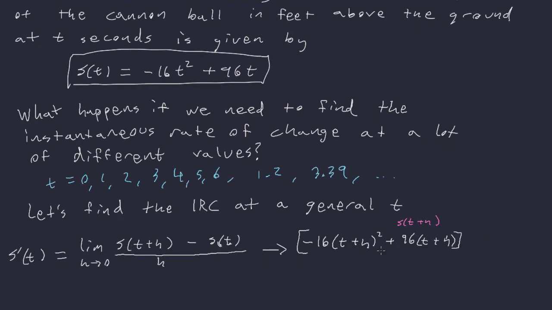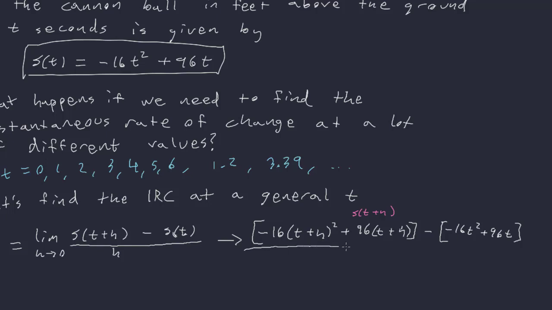Then we just subtract s of t. So that second part is just copying. I'm going to put s of t in directly. So negative 16t squared plus 96t. I think I've gone right off the screen there. And then the denominator is just going to be h.